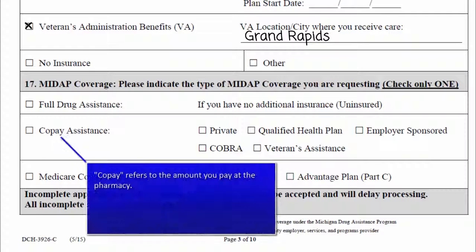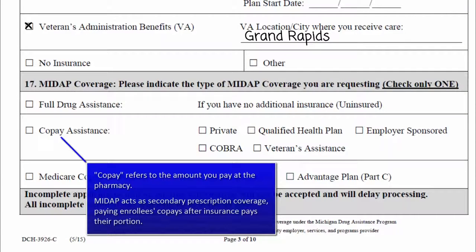A copay is the amount you would usually pay at the pharmacy. If approved for this coverage, MiDAP would act as your secondary prescription coverage and pay your copays on your behalf after your primary insurance pays for their portion of the prescription claim.